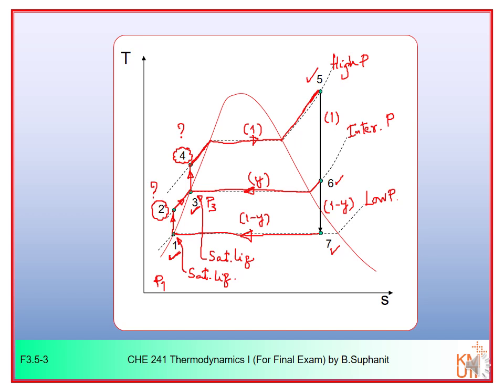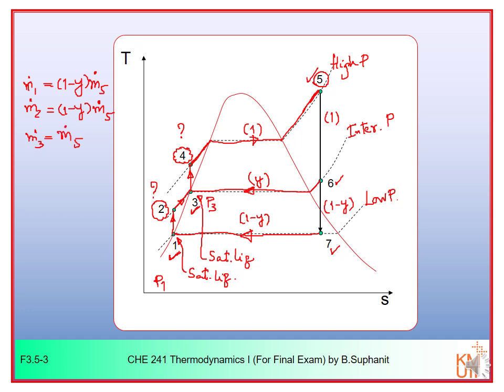Now I can write the mass flow rate at any particular point as a function of the mass flow rate at the turbine inlet. So I will have m1 dot equal to (1 minus y) m5, according to the fraction that we have in the diagram. m2 would be equal to (1 minus y) m5 as well. m3 here would be equal to m5.